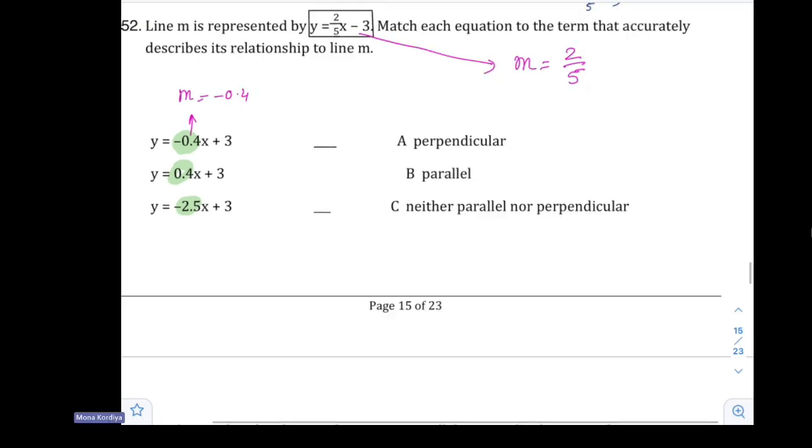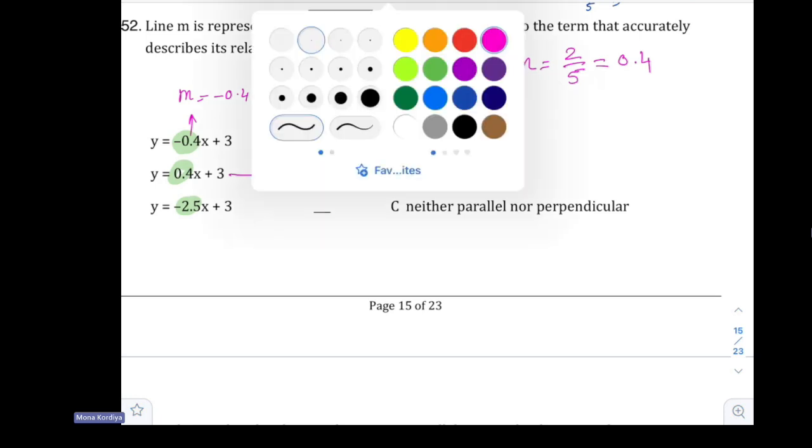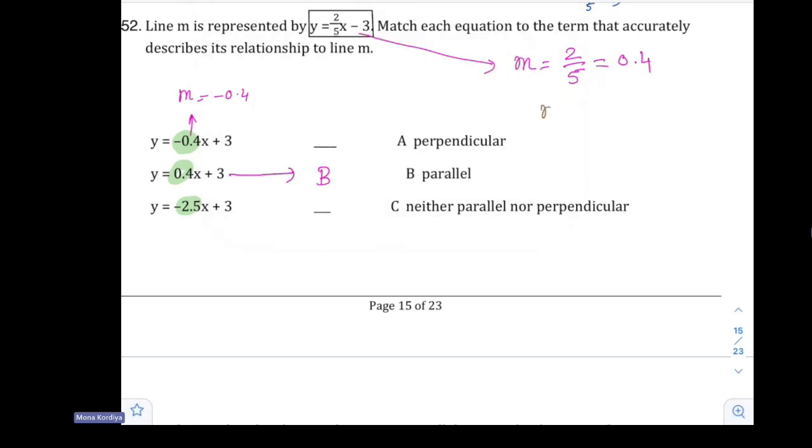So, the easiest thing, you should know that parallel lines have equal slope. If you divide 2 over 5, this will be equivalent to 0.4. So the line with the same slope will be parallel to that, and this is compatible with this one. Now the line perpendicular, I will write the upside down T symbol.